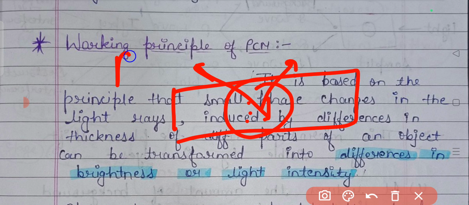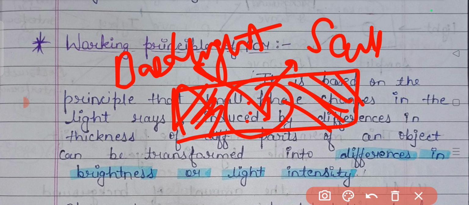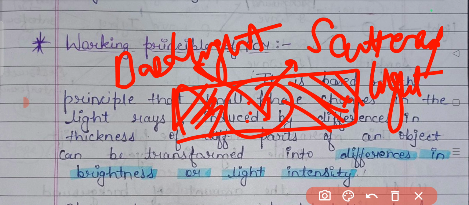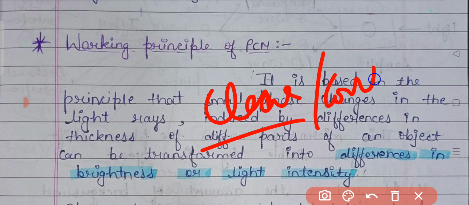First is the background light, which originates from here, and the second one is the scattered light, which is the light of the specimen. The main limitation of the bright field microscope is that we are not able to view a clear, contrasted image.